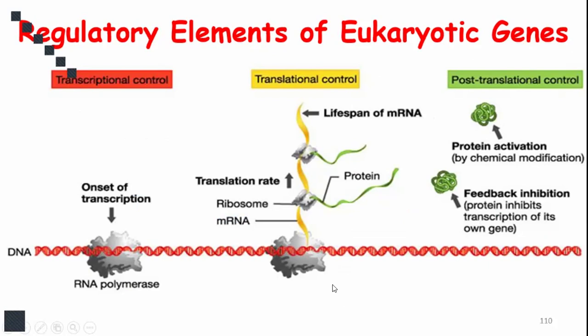So if you look at this cartoon, see what happens. Transcriptional control, so onset of transcription, can be regulated. Then translational control, where the protein itself needs to be produced, can also be controlled. And then post-translational control also exists, where protein is activated by chemical modification, or you have feedback inhibition, where the protein inhibits transcription of its own gene.